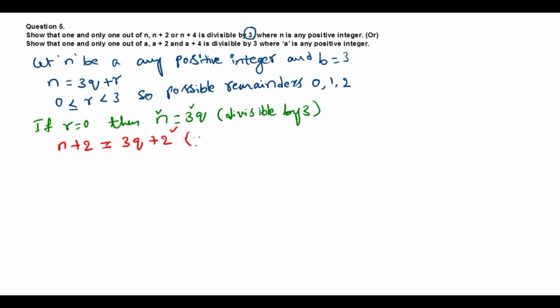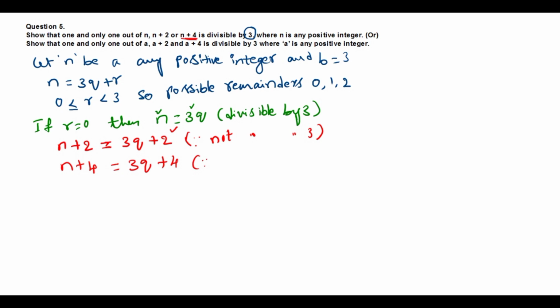So that point we write here: not divisible by 3. And the next condition, 4 is there in the question, so I am going to take n plus 4. If I take n plus 4, for this we are going to add 4 here, that is equal to 3q plus 4. So the remainder is 4 here.